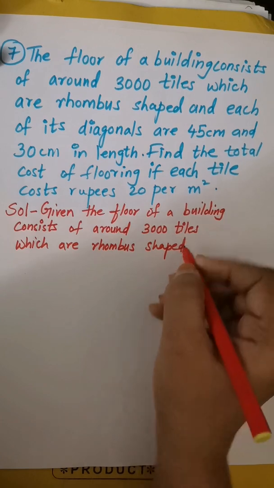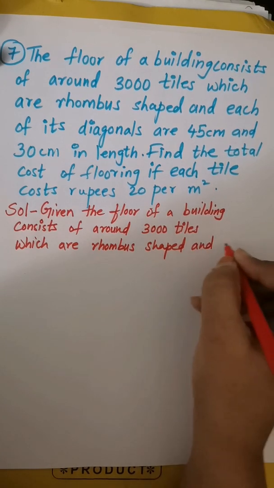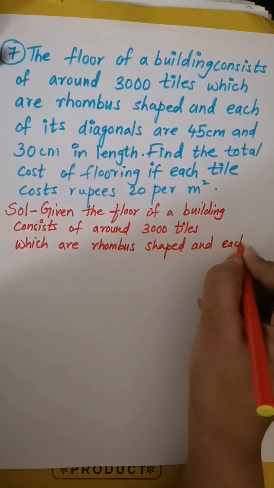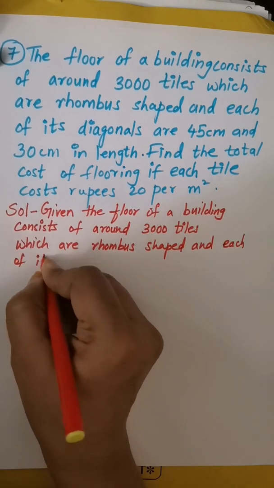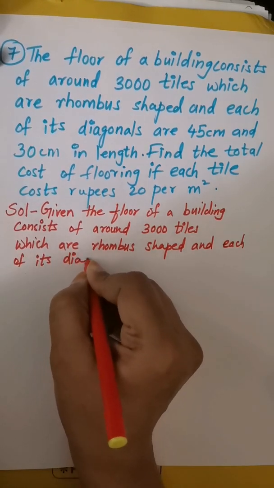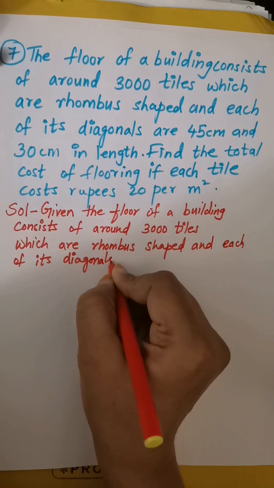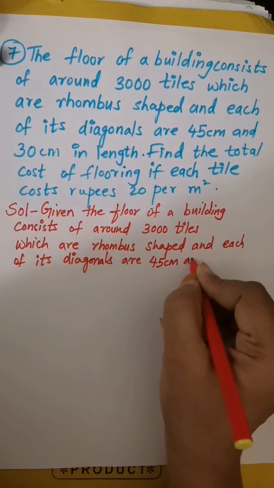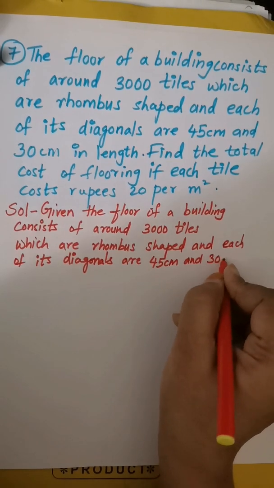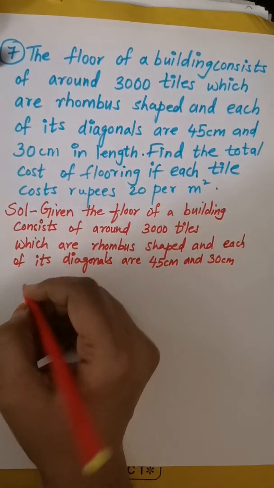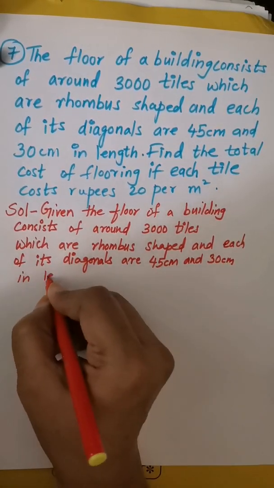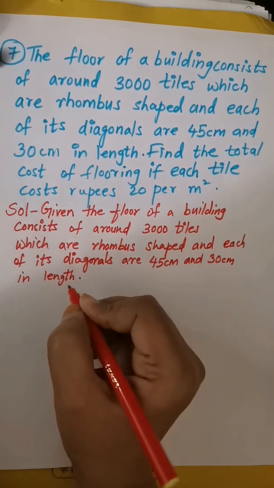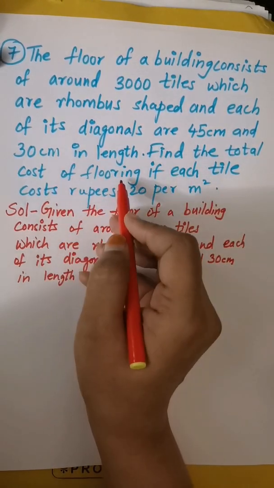This is all given. And each of its diagonals are 45 centimeter and 30 centimeter in length. You have to find the total cost of flooring.